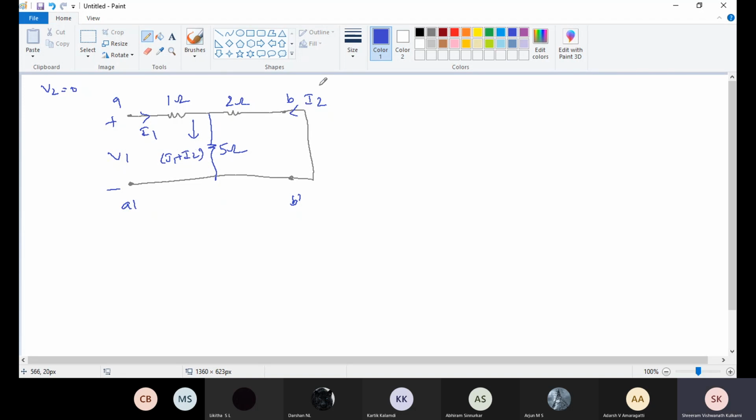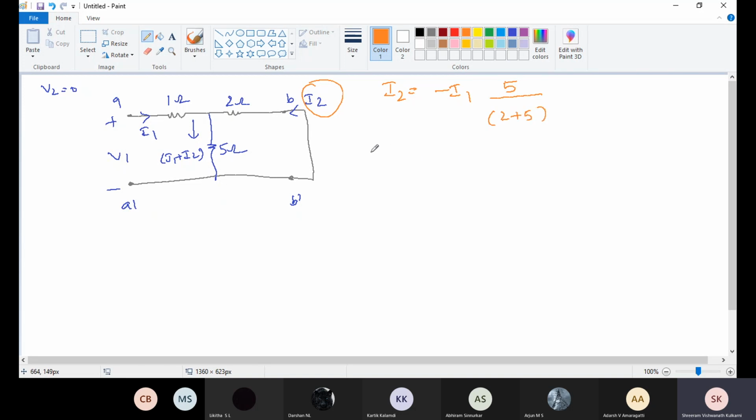Fine. Now apply current divider rule. Here in this case we need to calculate the D. If I apply the current divider rule to find this I2, this I2 is in the opposite direction of I1. So minus I1 times the opposite resistance 5, divided by total resistance 2 plus 5.